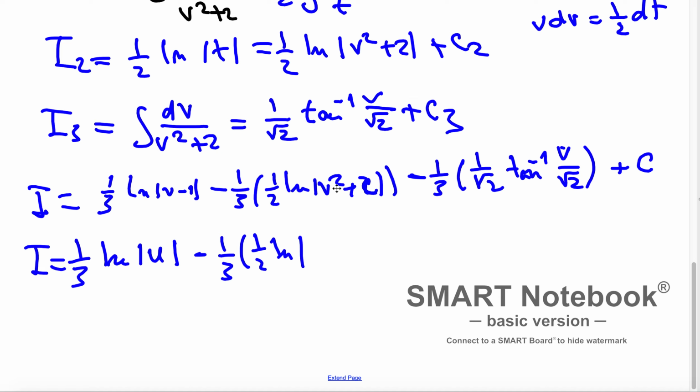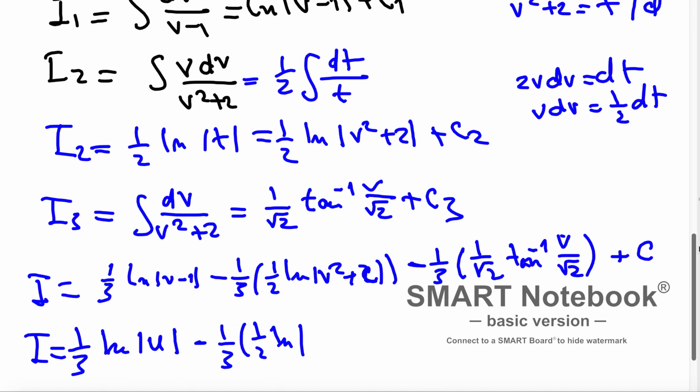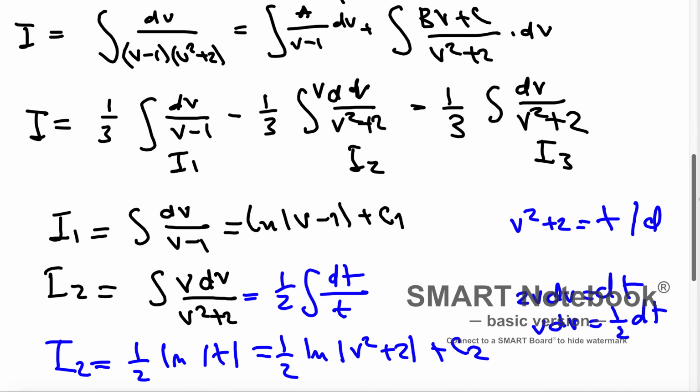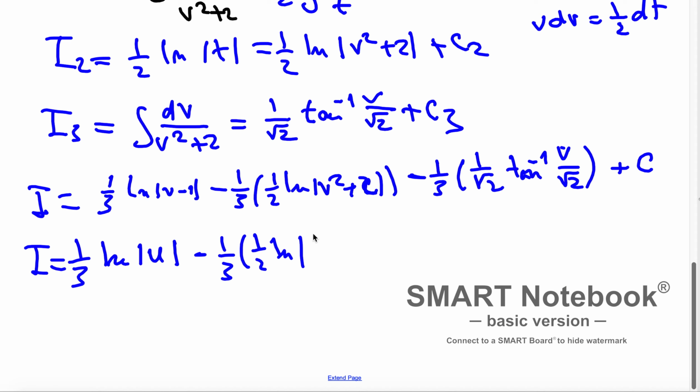Instead of v, I can write u plus 1, so we see there is u plus 1 squared, and here is plus 2.